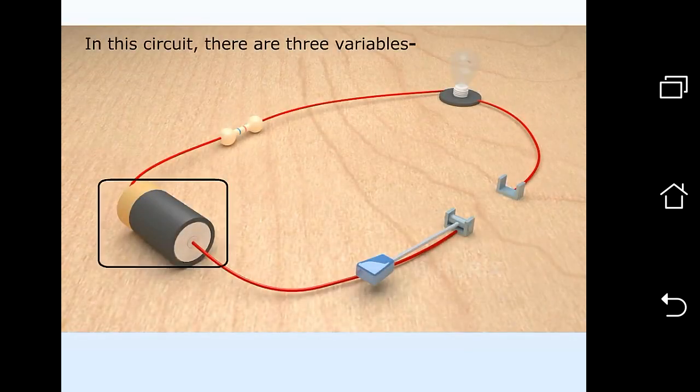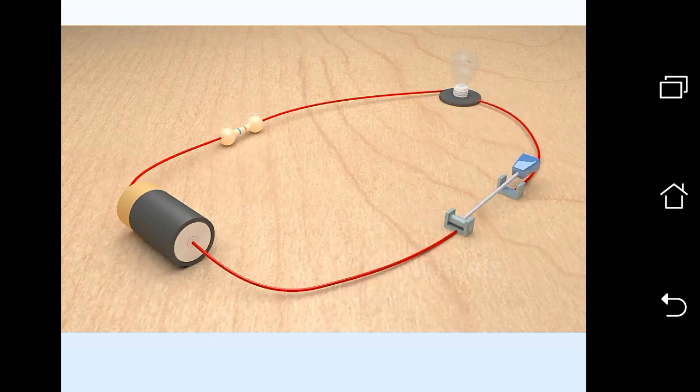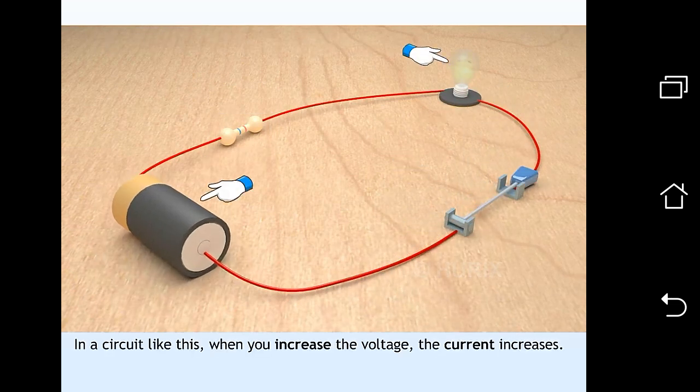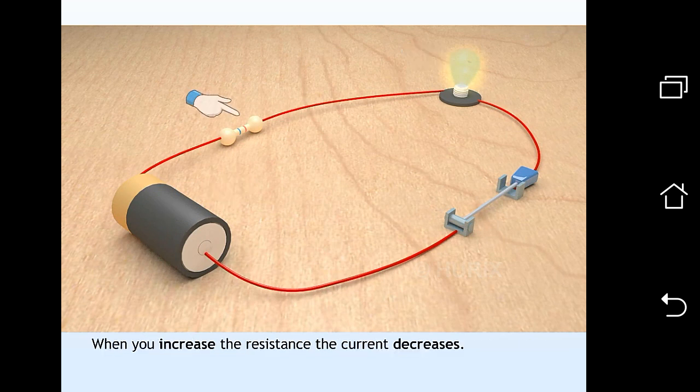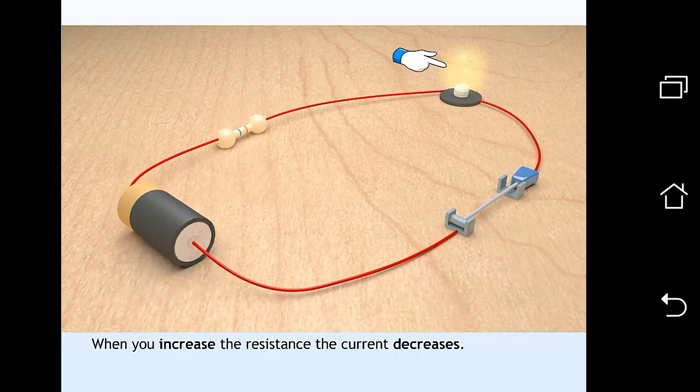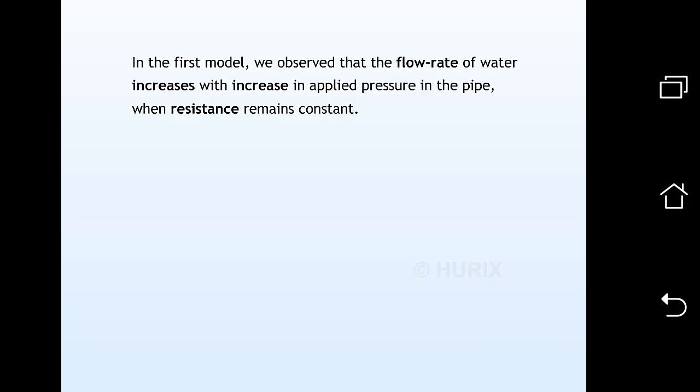Similarly, in a circuit like this, when you increase the voltage, the current increases. When you increase the resistance, the current decreases. In the first model, we observed that the flow rate of water increases with increase in applied pressure in the pipe when resistance remains constant.